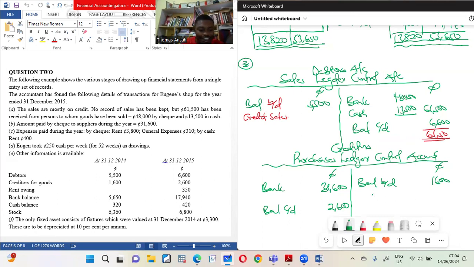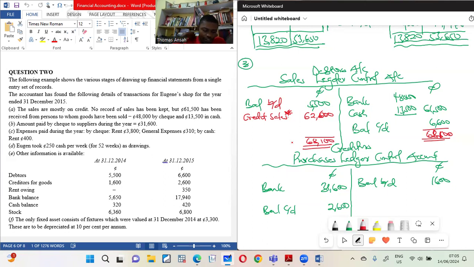It's actually 68,100. So let me write the correct one. 68,100. So if I now deduct this one, it's 62,600. So that is the difference. And that becomes our credit sale. Don't forget, we will do step 5, so we will need that. So 68,100. All right. So basically, that is that.